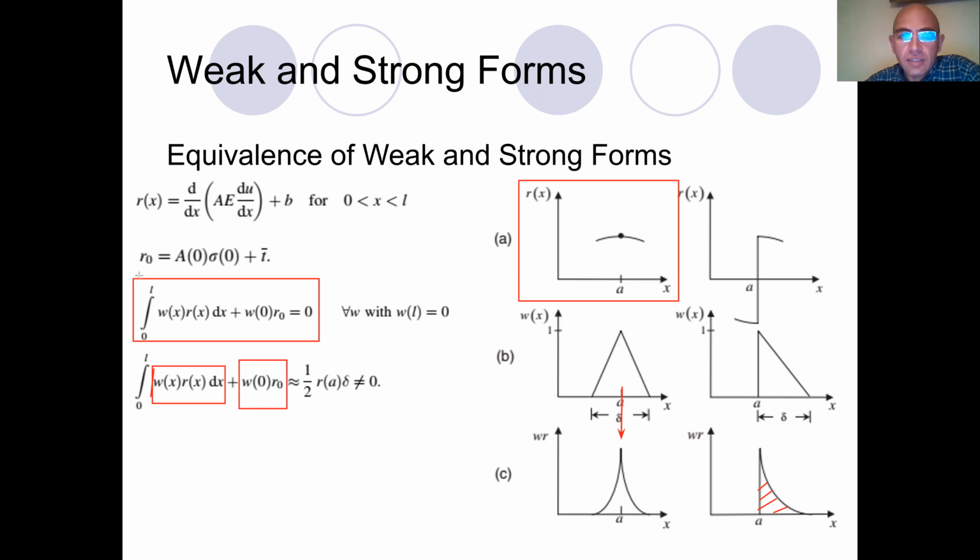This basically means that the only way this expression is 0 is if this is 0 and this is 0. This basically shows us that the weak form is equivalent to the strong form.